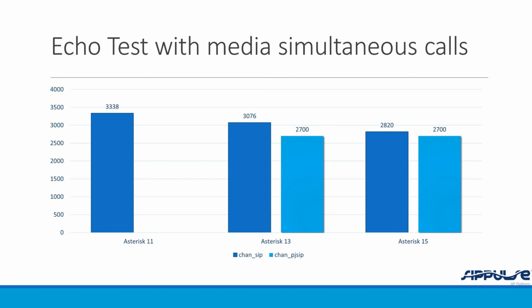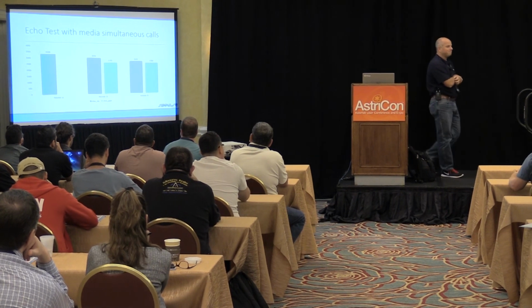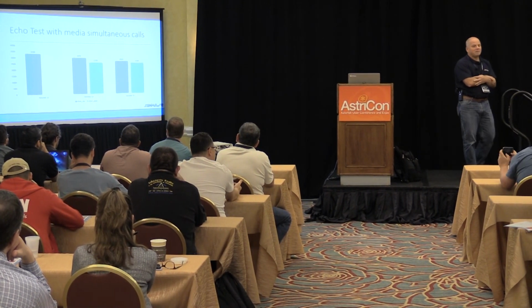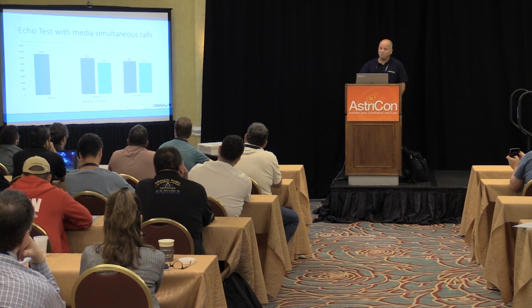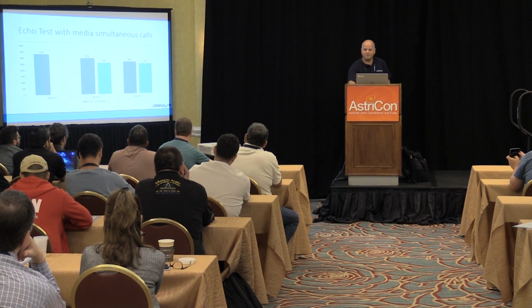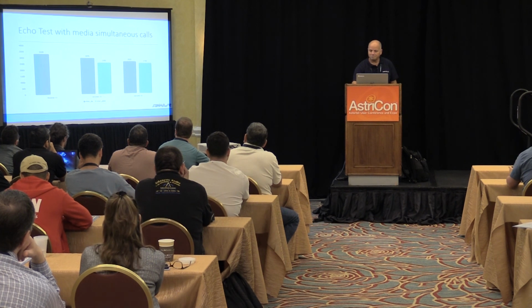So this is what we got in terms of echo channels with media and in both directions. 3,338 simultaneous calls in a box that costs less than $200. So Asterisk really scales; if you put in more hardware, you probably have even better results.